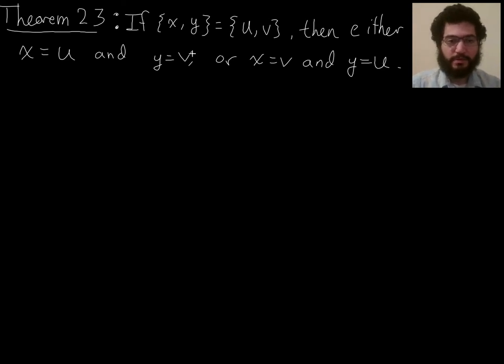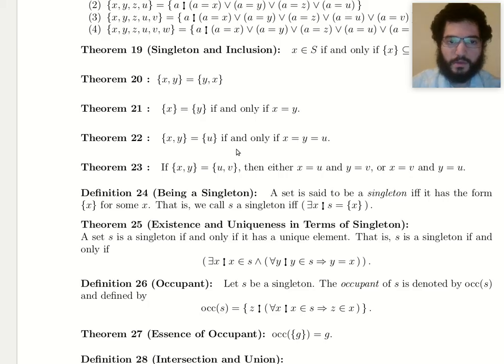So where Theorem 22 here, which is one of the problems on your homework, shows you that repetition does not matter. If x and y are the same thing, then listing them both doesn't necessarily give you a set with actually two elements. Theorem 23 shows you that the order in which you list elements does not matter.